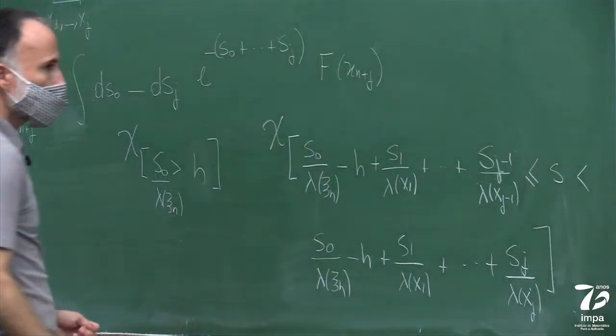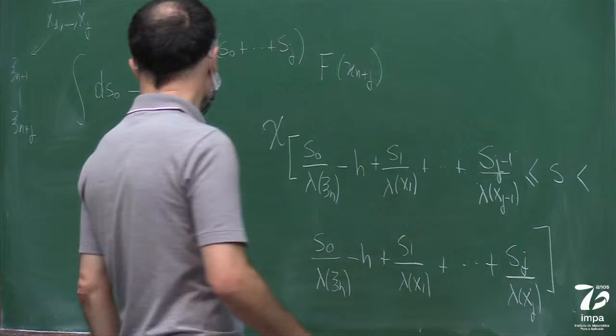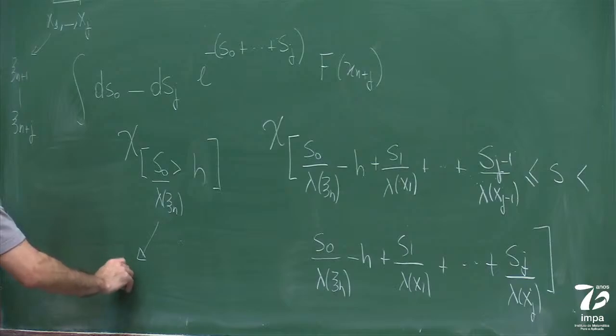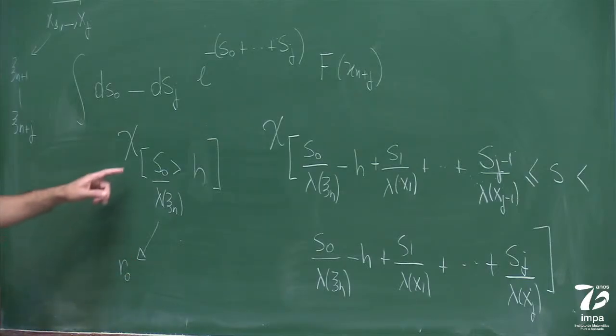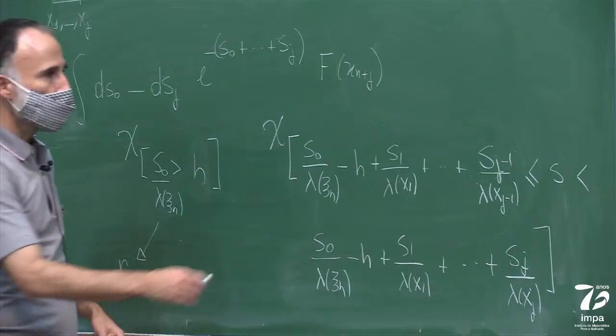Now, okay, we are almost there. Let me change variables and call this R0. So R0 will be S0 divided by lambda xn.